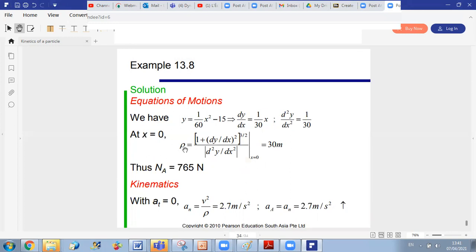So now, to get the radius, we should find the first derivative and the second derivative at point A. The function is given, so it's very easy. We derive it. The derivative of x squared over 60 minus 15 is x over 30, and the second derivative is 1 over 30. As you can see, the concavity is always upward because the second derivative is positive, so UN will always be upward.